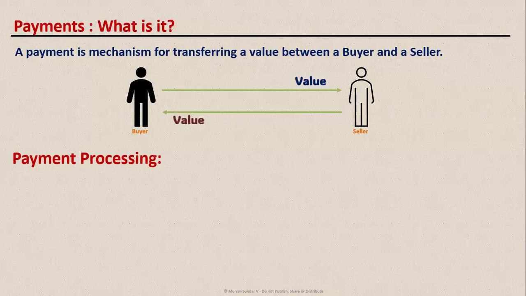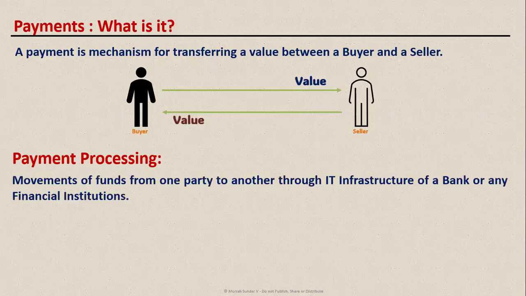The payments get processed in the banking infrastructure, right? The main goal of those systems is moving money from one party to another. So basically, we'll call it the IT infrastructure of a bank, or of any financial institution.